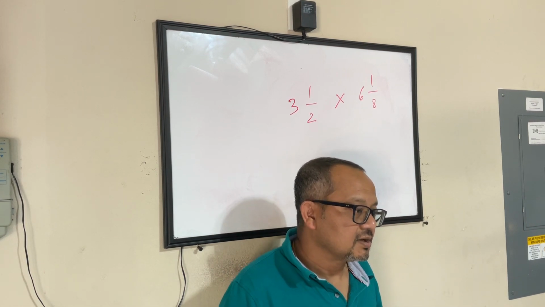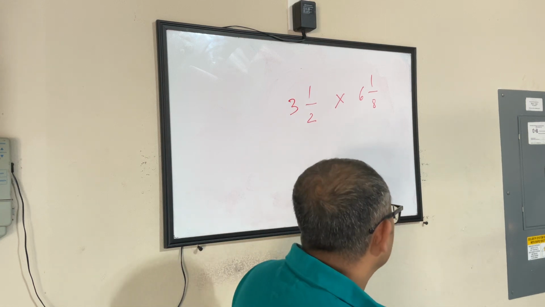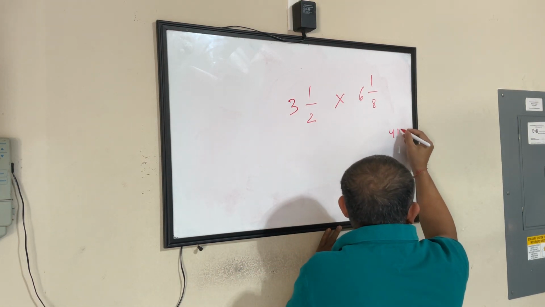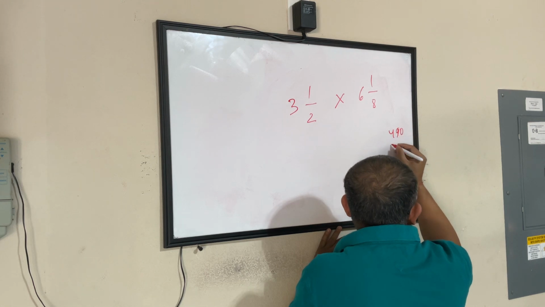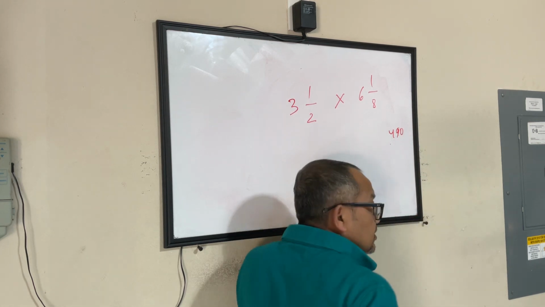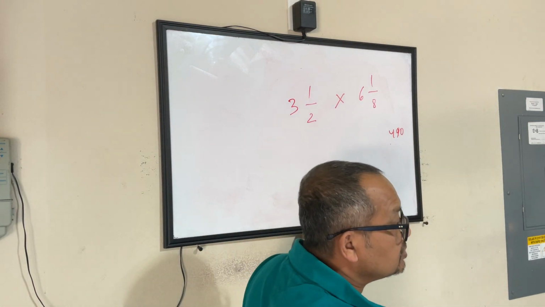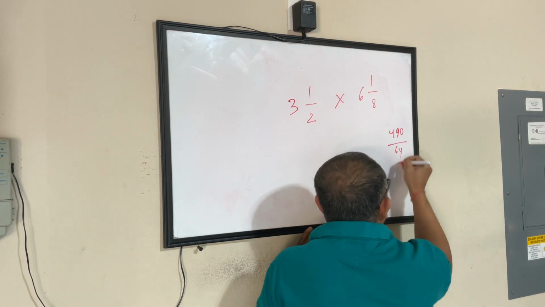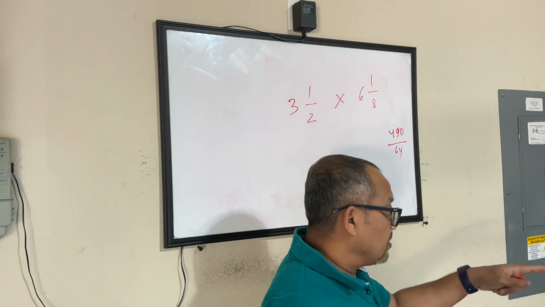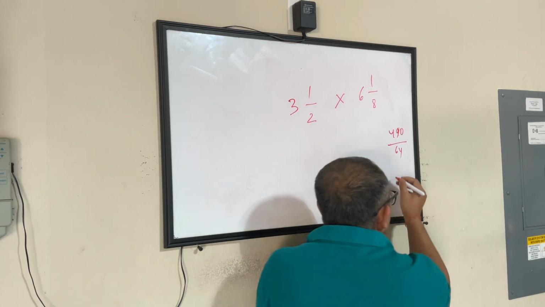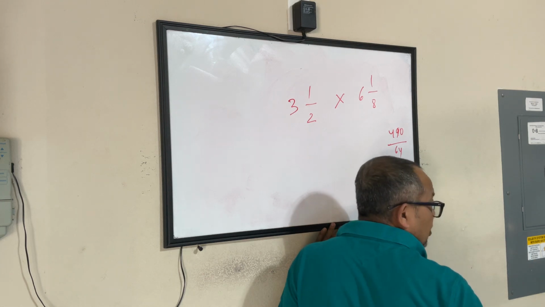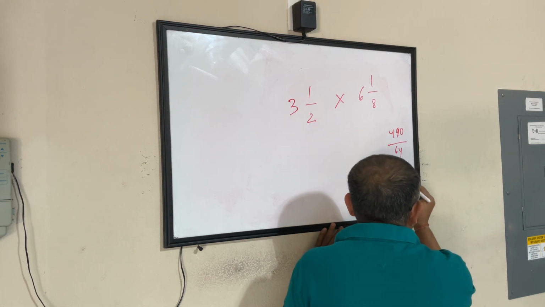I got my answer. How much is that? I got 490 by 64. Did you say 490? By 64. Okay. How much was your answer? 343 over 16.